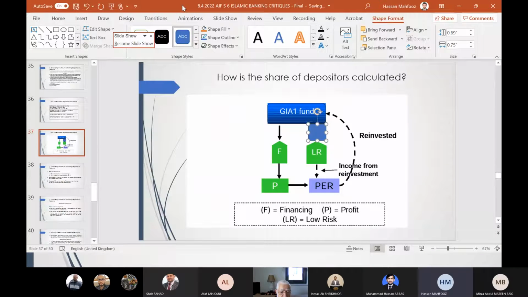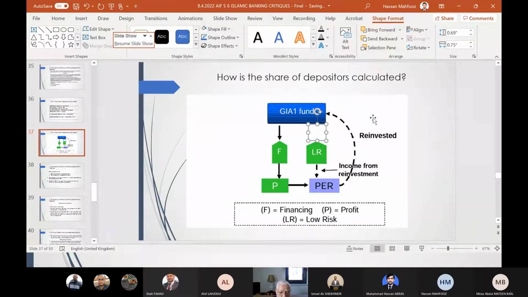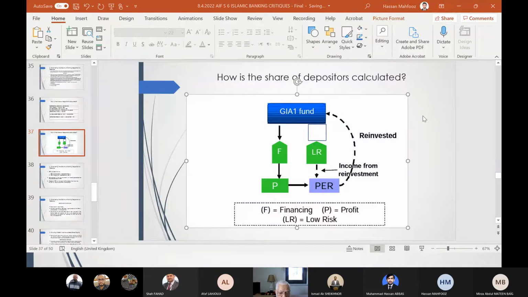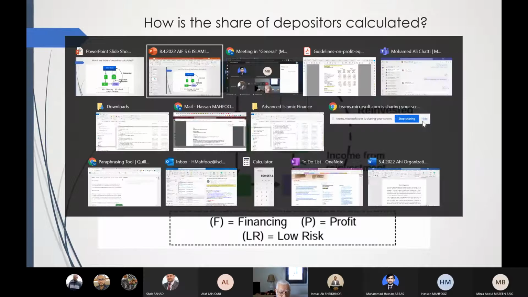So now we have an LR, low risk investment, that we invented somewhere, and the profit of it is added here. Usually this arrow should be a solid arrow. Why dotted again? This lower arrow should be solid, because in low risk there is always profit.